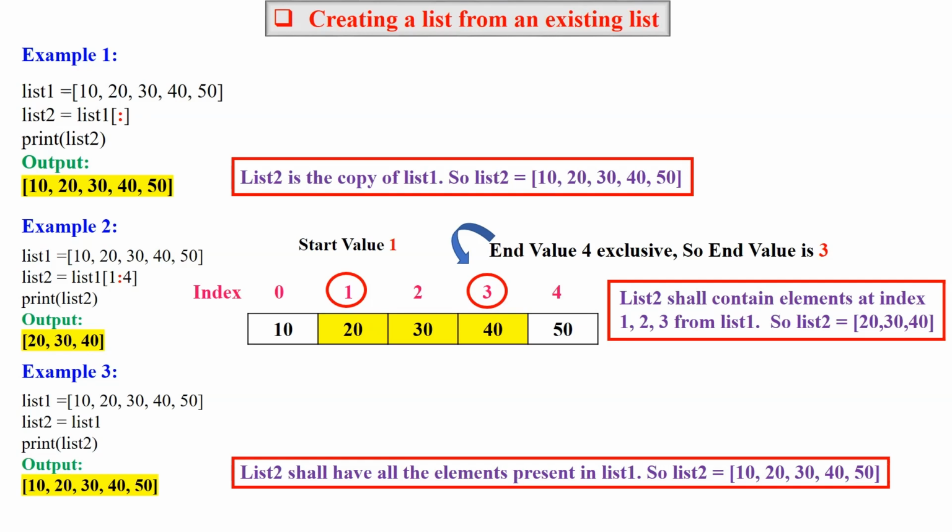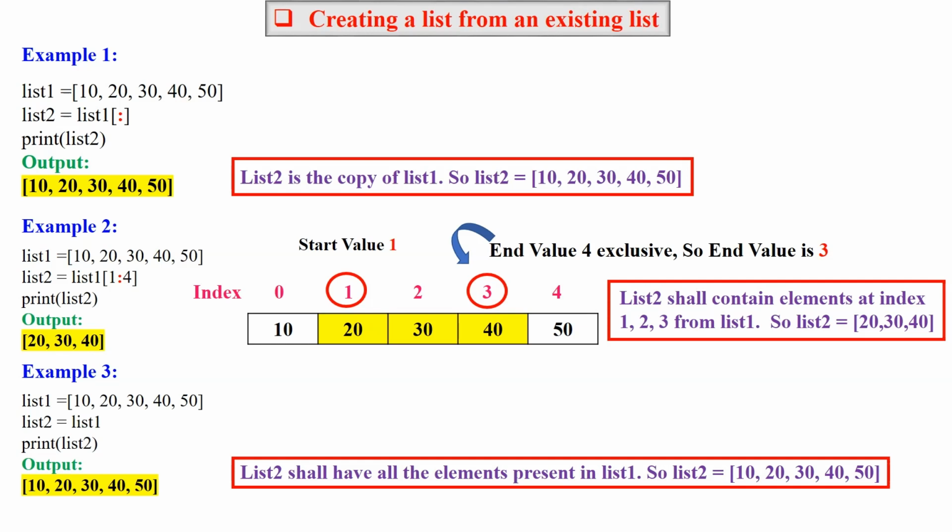It extracts elements at indices 1, 2, and 3 from list1 and creates a new list with those elements. The resulting list is assigned to the variable list2. Finally, it prints the contents of list2. When executed, it will display 20, 30, 40 in the console. The elements in list2 are the values that were selected by the slice operator from list1.